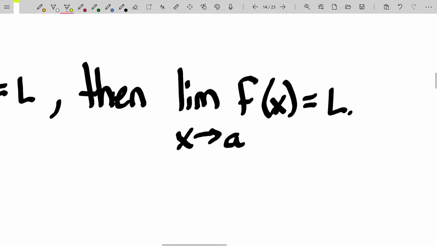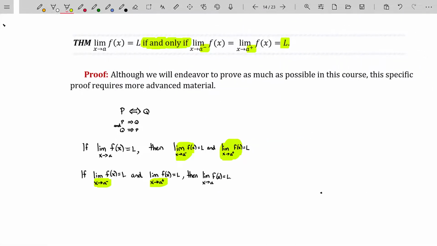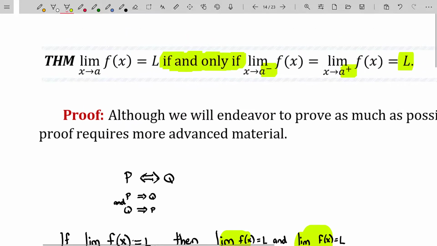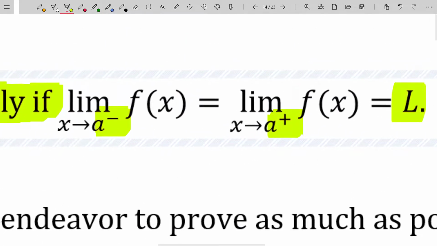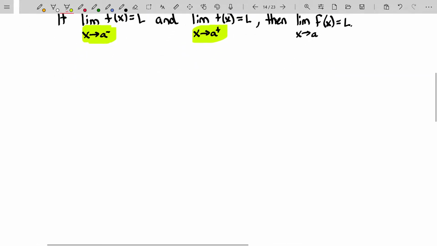This theorem gets used quite a bit to prove that a limit doesn't exist, because you can easily prove a limit doesn't exist if the left and the right hand limits aren't the same. I'm going to write that down because that's a really good use of this theorem.